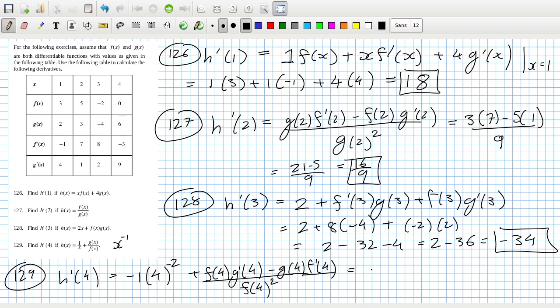So that would be minus 1 over 16 plus f of 4. F of 4? But f of 4 is 0. So undefined.